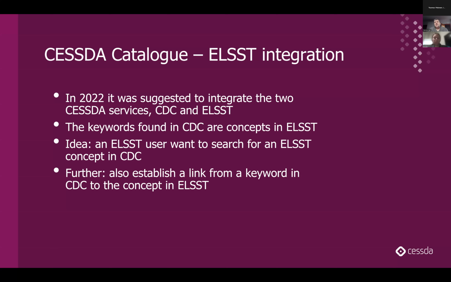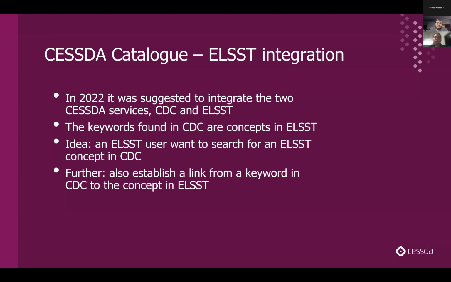But a few years ago, we decided that it'd be a really nice feature to implement if we could navigate back and forth between Elst and the catalog. So if you clicked on an Elst keyword, that would take you over to the relevant data sets in the CESSDA catalog. If you were looking at a data set in the CESSDA data catalog, you could click on a keyword and go and browse Elst.